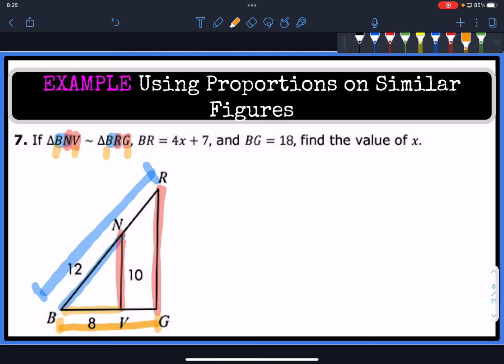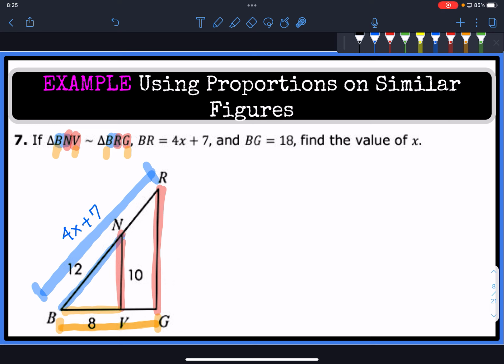And let's see what information they tell us right here. Well, they tell us that the distance from B to R, so this entire length right there, is 4x plus 7. And they also give us the information that the distance from B all the way to G, this long one right there in orange.